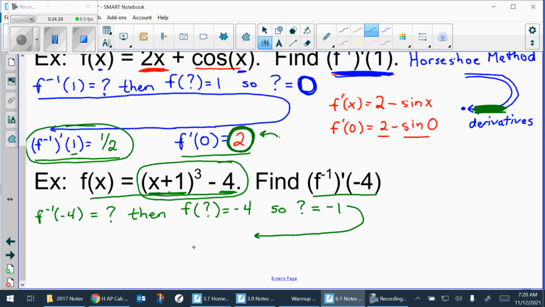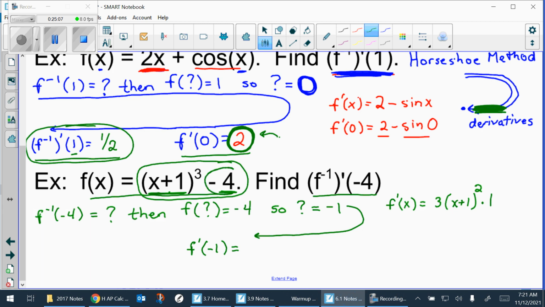Awesome. Now let's bring it on back. Now we're talking derivatives, now that we're on the bottom of the horseshoe. I would like f prime at -1. And what's that equal to? Well, let's find f prime of x. With the chain rule, I would have a 3 times (x plus 1) with the inner function squared, times the derivative of what's inside, which is just 1.